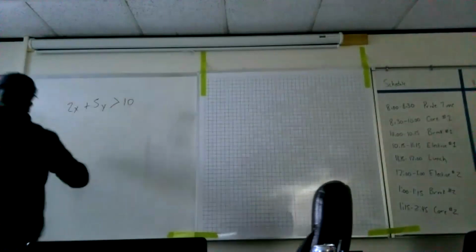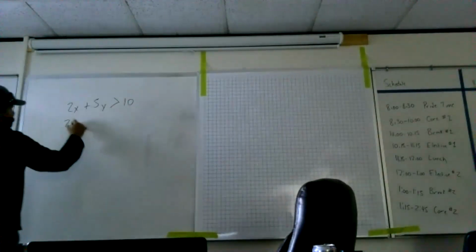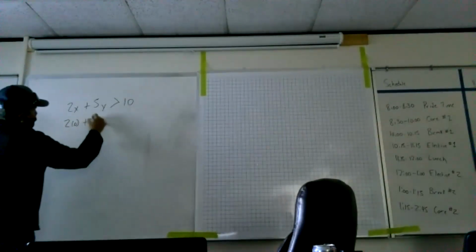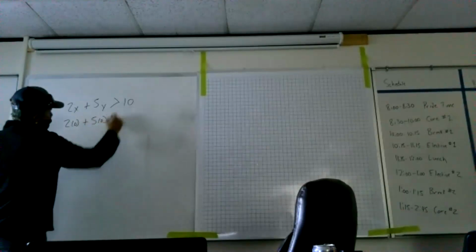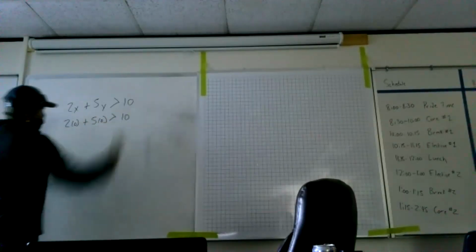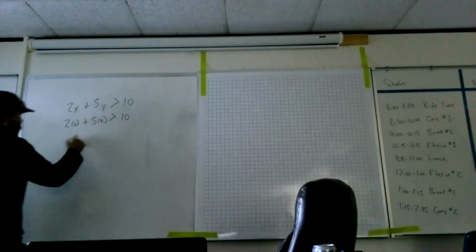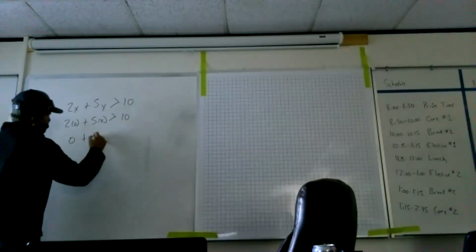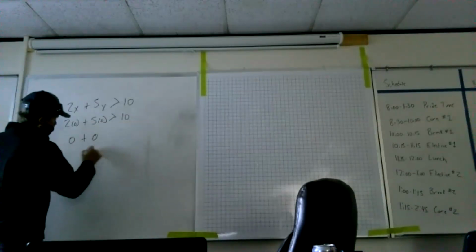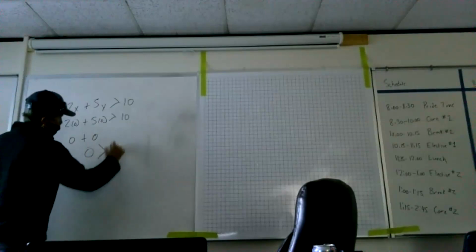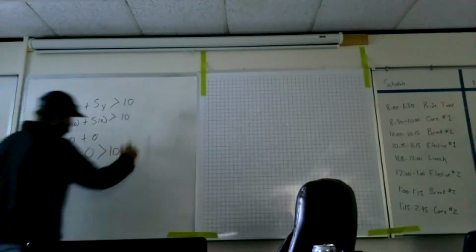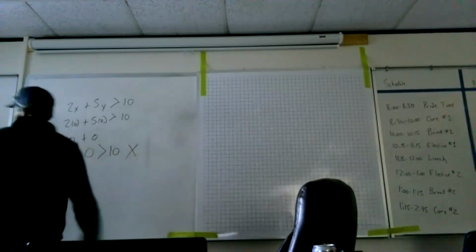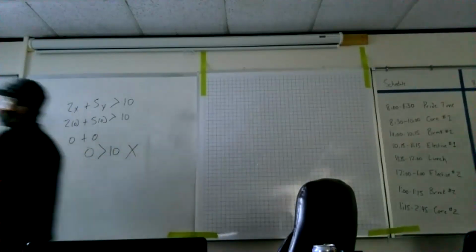So on this side, I'm going to have 2 times 0 plus 5 times 0, and if it's true, it's going to be greater than 10. 2 times 0 is 0, 5 times 0 is 0, and 0 plus 0 is still 0. Is 0 greater than 10? That's false, so my origin is not a solution.